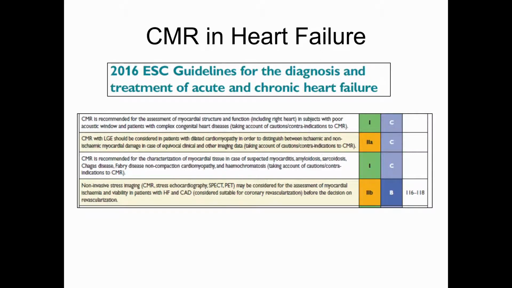And I think if patients have got possible myocarditis, amyloid, sarcoid, Fabry's disease, the sort of common things that we see, hemochromatosis, non-compaction, it gets a class 1 indication. And again, useful, as with the other functional imaging tests, for guiding complex revascularization decisions in patients with heart failure, potentially ischemic symptoms and viable myocardium.